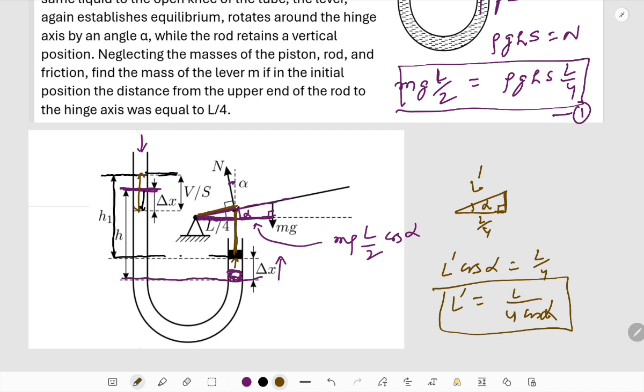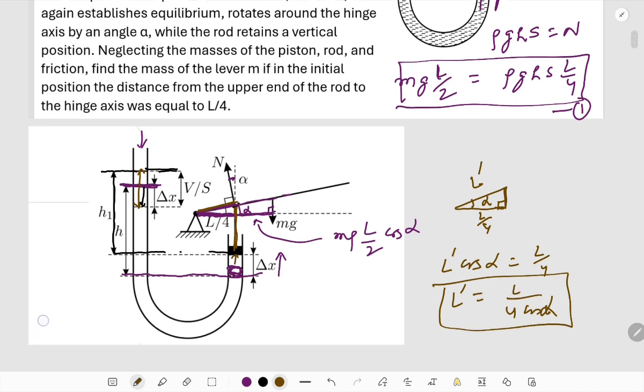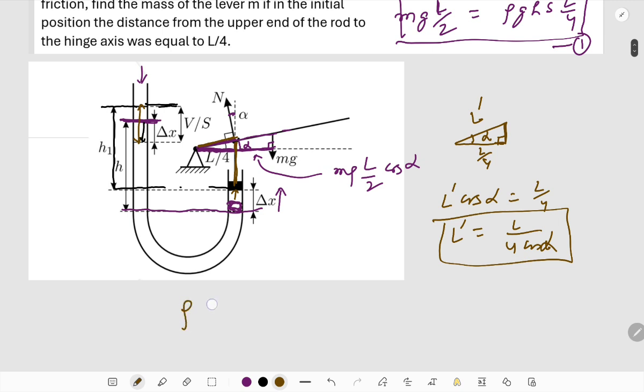And the pressure force here is simply rho g h1. You can see this height is h1, so the pressure force here is rho g h1 multiplied by s. This will be equal to not N but N cos alpha, only the vertical component, because the rod remains vertical always and it is massless.